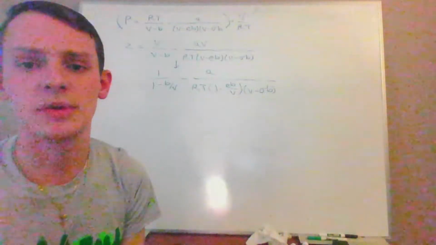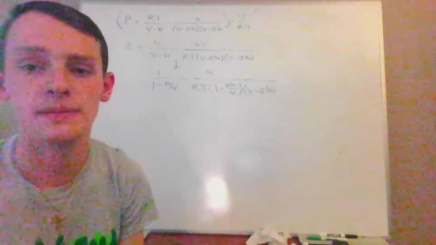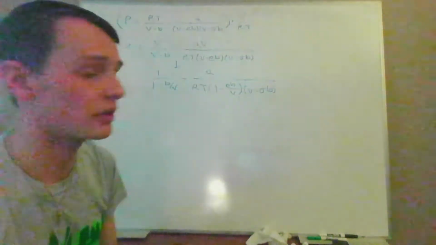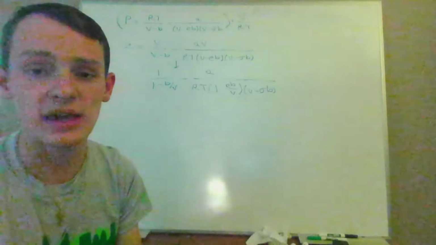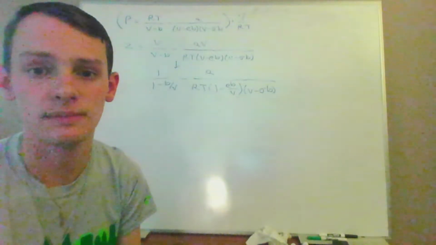The goal of this manipulation is to get a cubic polynomial for the compressibility factor z. And as you can probably guess, the reason I'm messing with the specific volume here on the right-hand side is so that I can write an expression for the right-hand side that has the compressibility factor in it.